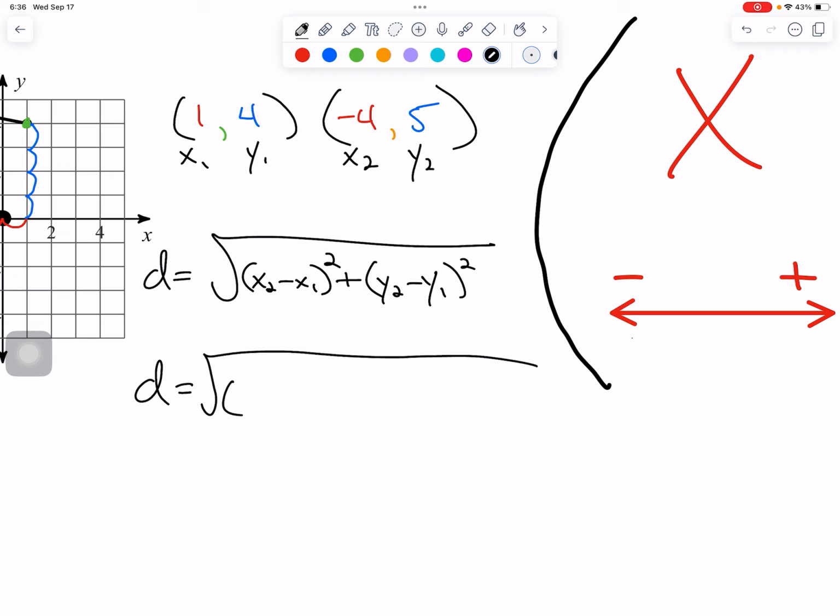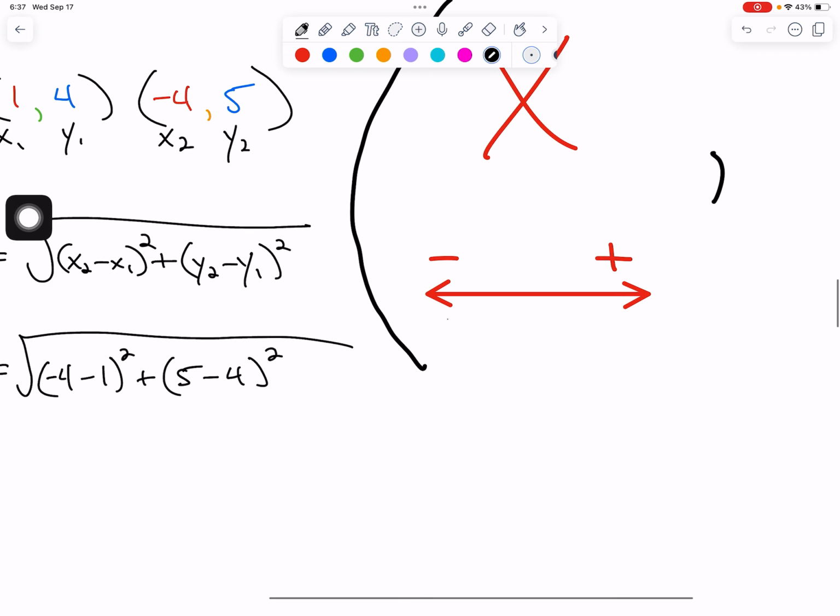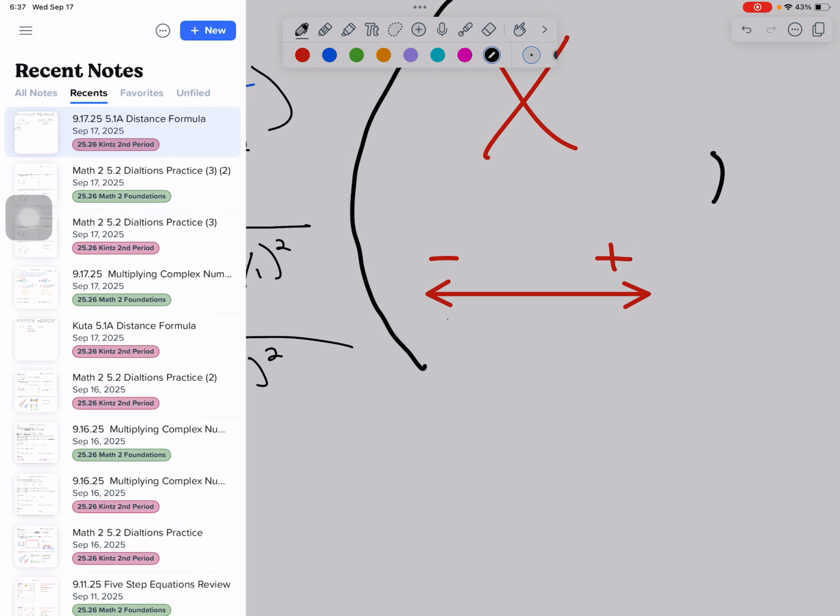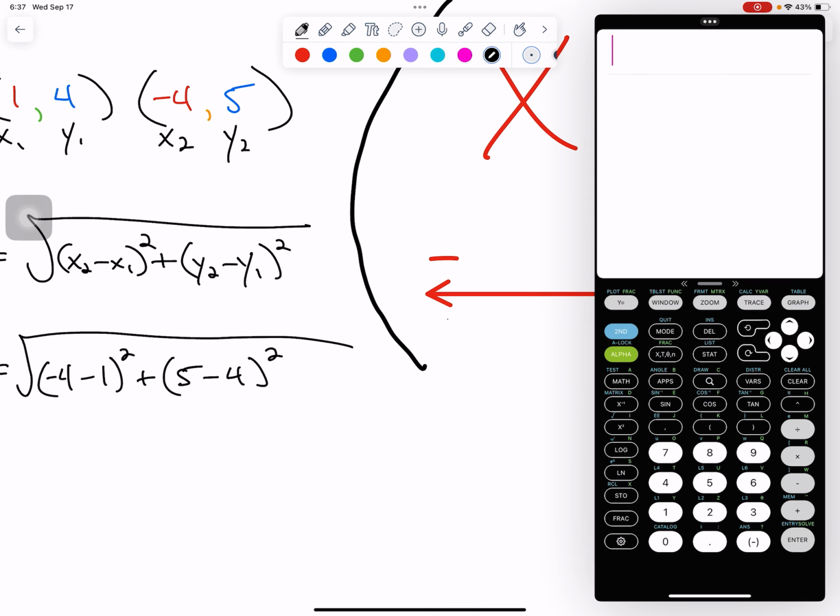And our x2, great job, negative 4. What am I subtracting that by? Great job, it's 1. Make sure to square it. Bring down your plus, open. Our y2 is, great job, 5. Minus our y1 of 4. Excellent work. Close it, square it, and let's go to old trusty, our calculator.